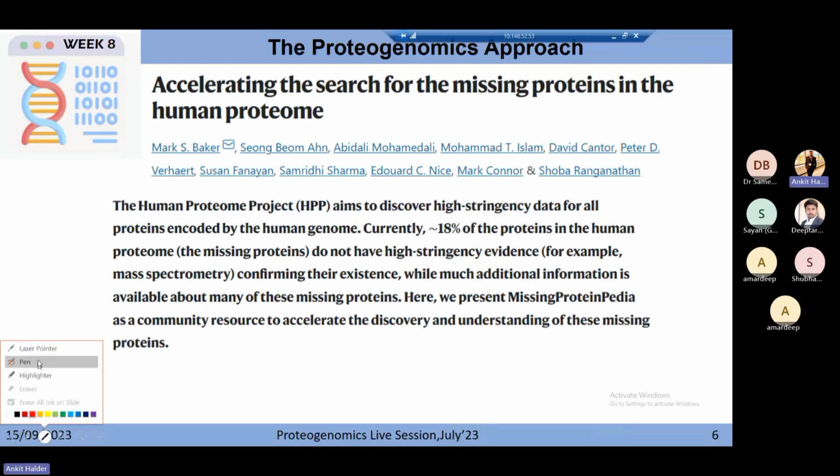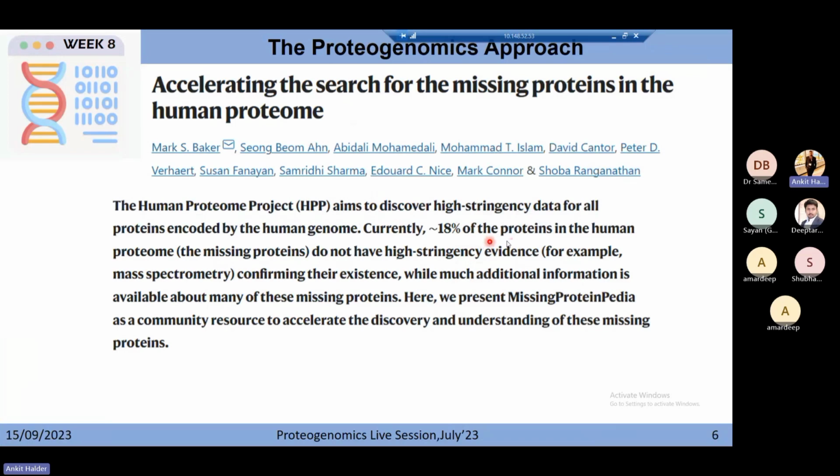Now we will look into the concept of what the missing proteins are that are still left. You can understand that after all these instrumentations and advancement of technologies, there are still missing proteins that need to be unearthed or deciphered.